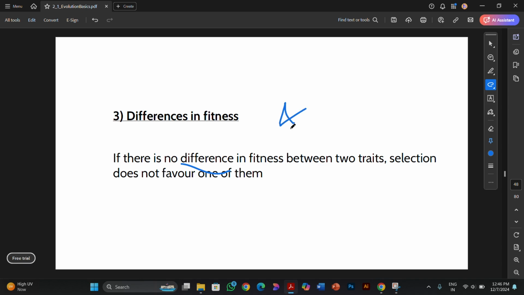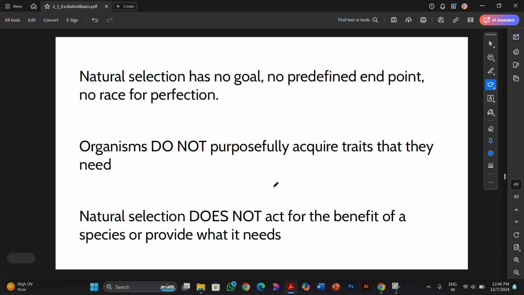Many people think that natural selection tries to increase a single trait, but that is not the case. Natural selection never tries to increase the frequency of a trait.